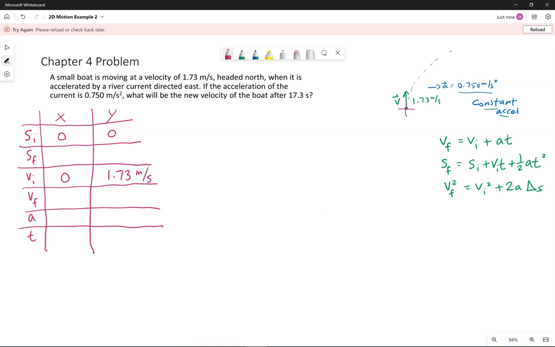V final is what we're looking for. V final is going to have an x component and a y component. That's what we are going to find. And then the acceleration was to the east, which meant it was all in the x direction and not the y direction. They give us the time.